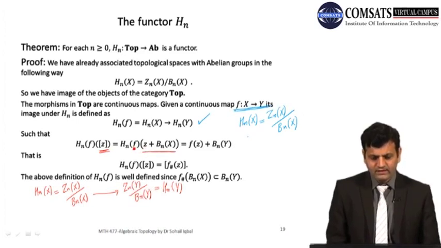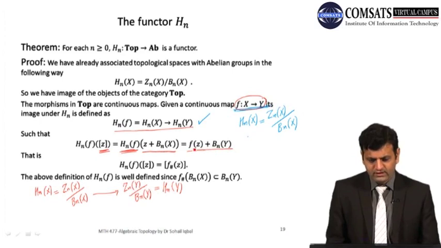And when I take the image of Hn(f), given any continuous function from X to Y, I have a function from Hn(X) to Hn(Y). How do we define this? When applied on this class, it gives me f of z, so it should basically be f hash z, and this thing.